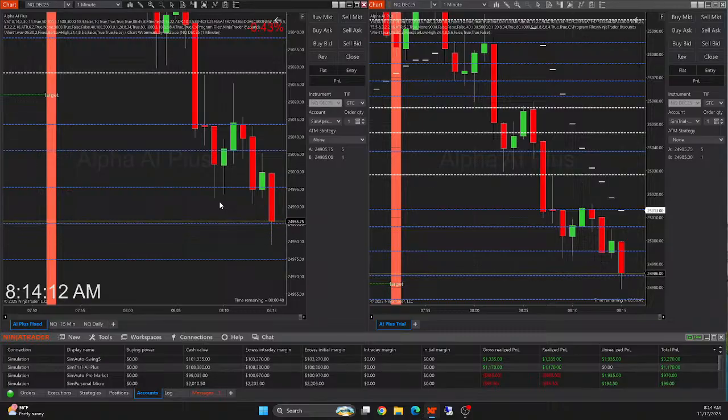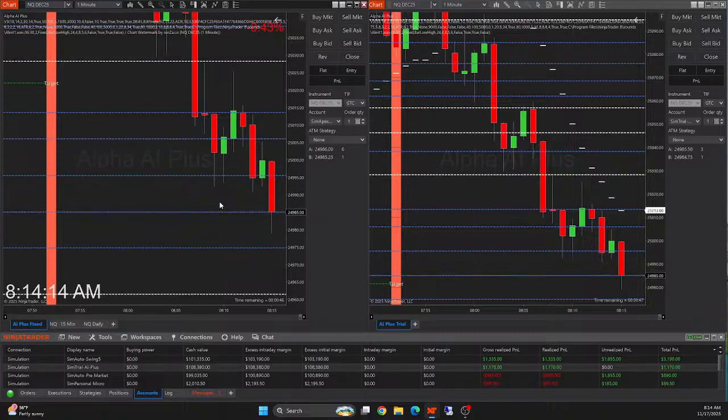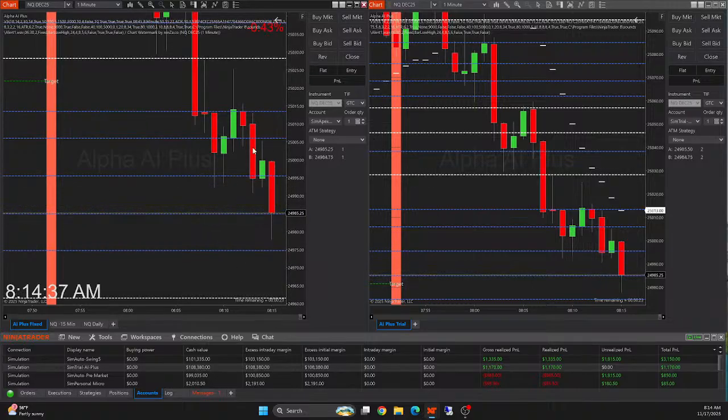Here we go. Are you gonna hit the target now for the swing 5, or we'll see. Swing 5 is up now almost $3,500. More than $3,000. We'll see. Come on, push down.